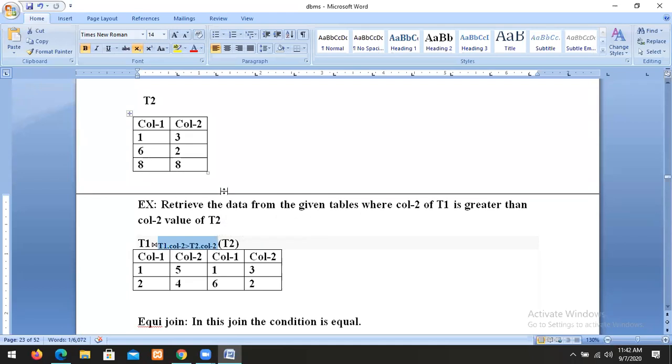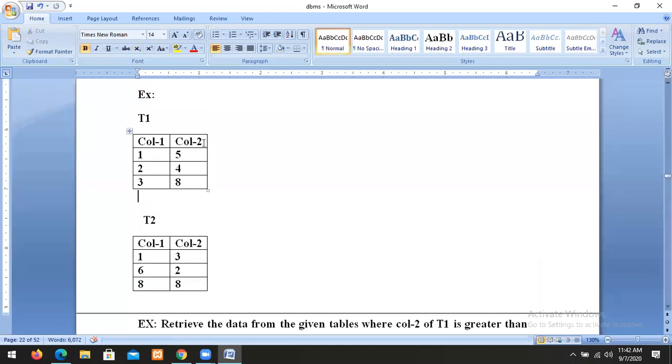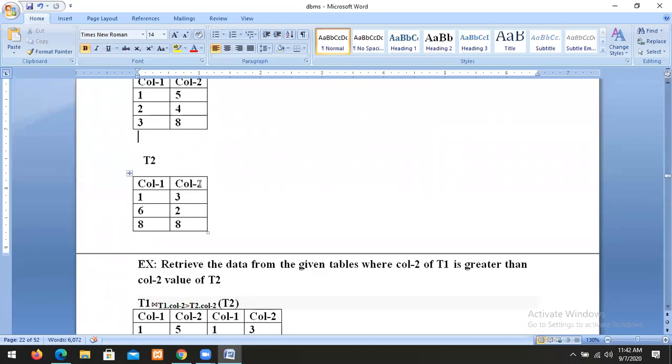Suppose there are two tables, T1 and T2. T1 has two columns, column 1 and column 2. T2 also has column 1 and column 2. Suppose I want to select the rows when column 2 of T1 is greater than column 2 of T2.